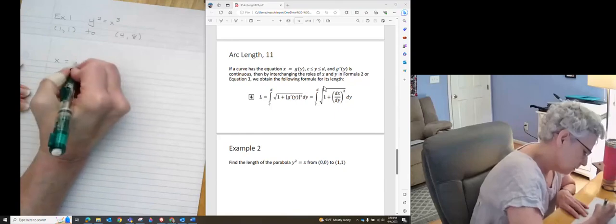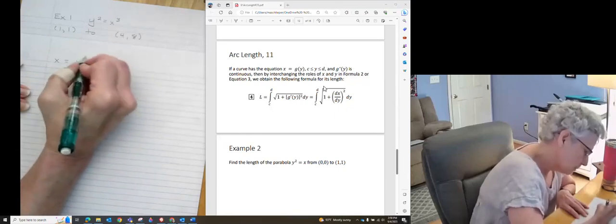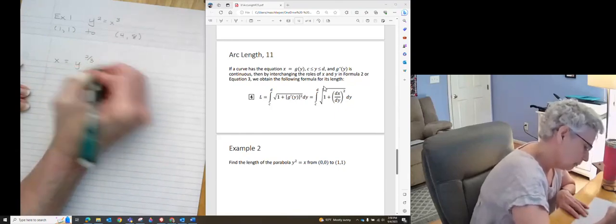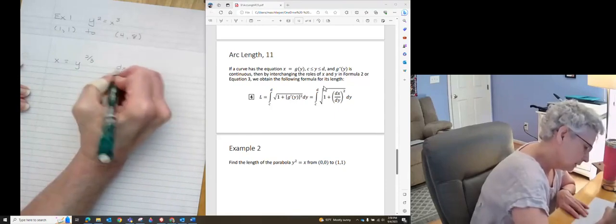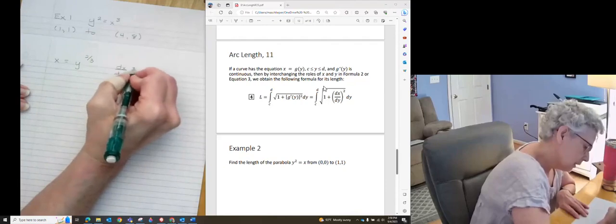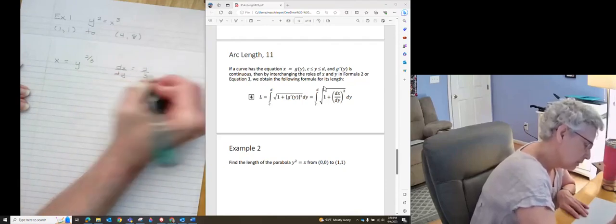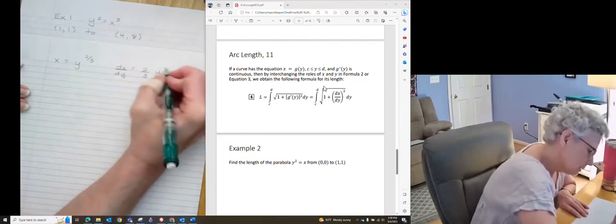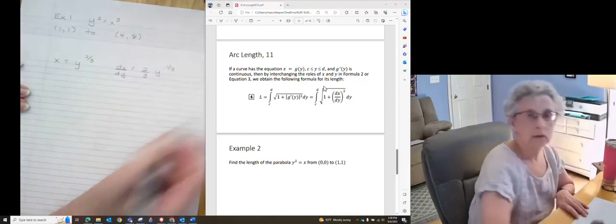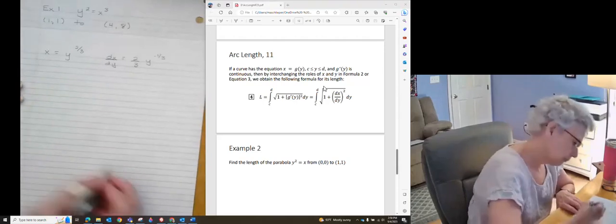x is equal to y to the 2/3 power, then dx/dy is equal to 2/3 y to the minus 1/3 power.